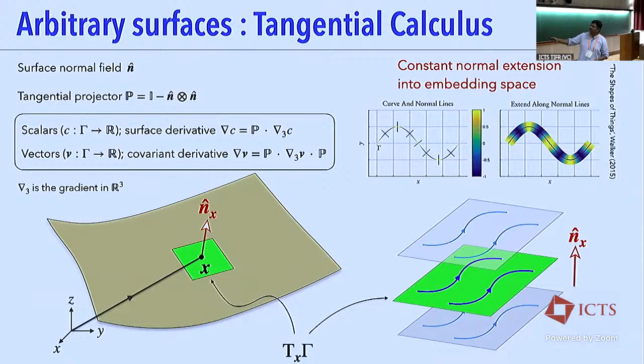This gives you the correct surface derivative of the concentration field. Scalar fields are easy, but all hell breaks loose when you go to vector fields, as you would have learned in differential geometry. If you have a vector field, it's easy to show that you take the 3D Cartesian derivative of the vector field and hit it with projectors on both sides, and that gives you the correct covariant derivative of the vector.